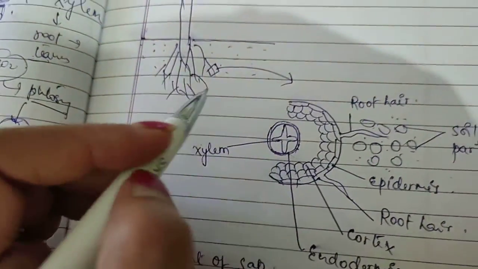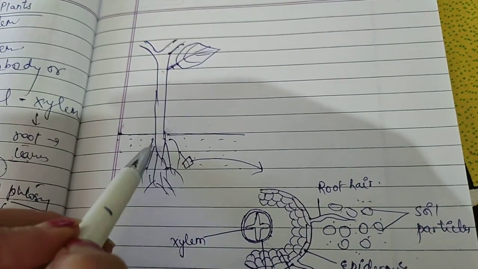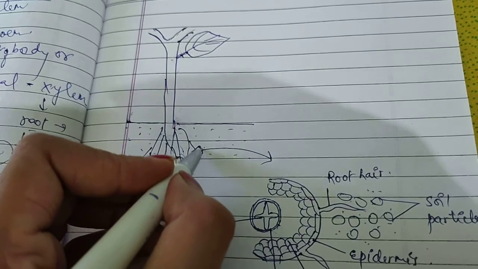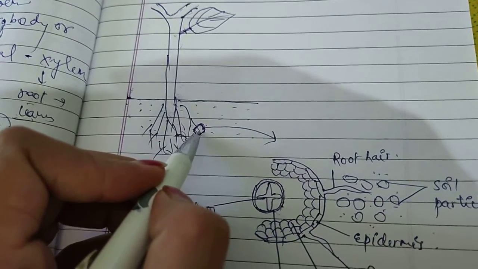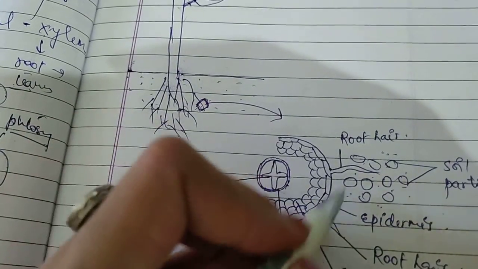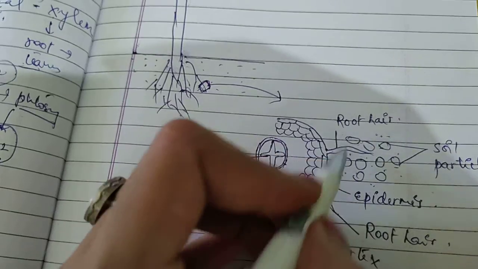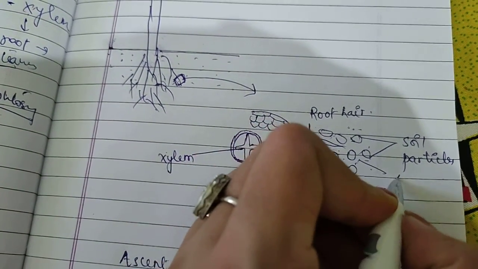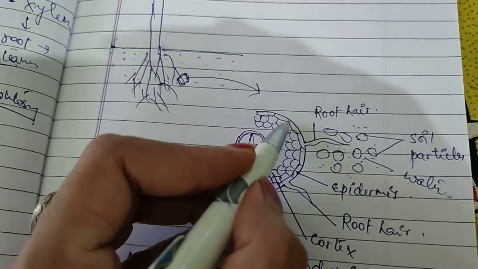Obviously, you can see here, let's suppose that this is a plant. These are the root hairs. If we cut the section of this portion, we can see the structure is like this. These are the root hairs, soil, and in soil there is water and mineral present.